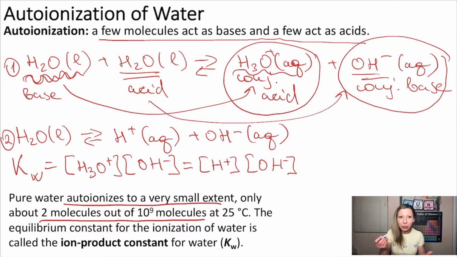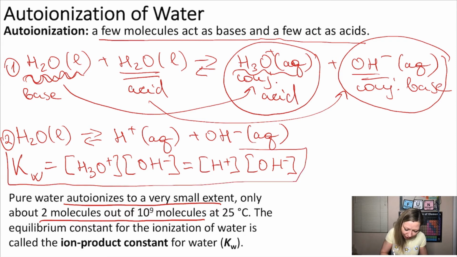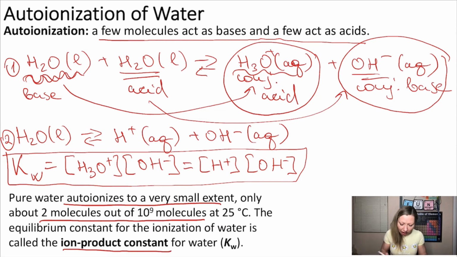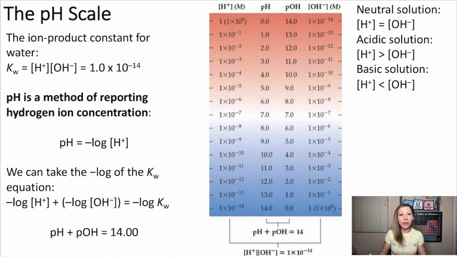The equilibrium constant expression that I just drew is called the ion product constant for water. And this is indeed a constant value, so Kw equals 1.0 times 10 to the negative 14 at 25 degrees Celsius. Now, let's talk about the pH scale.